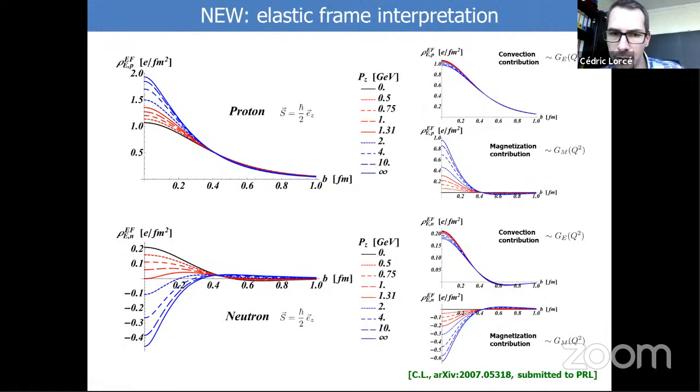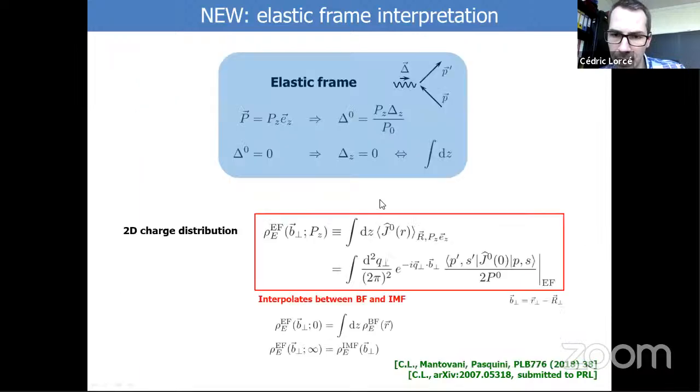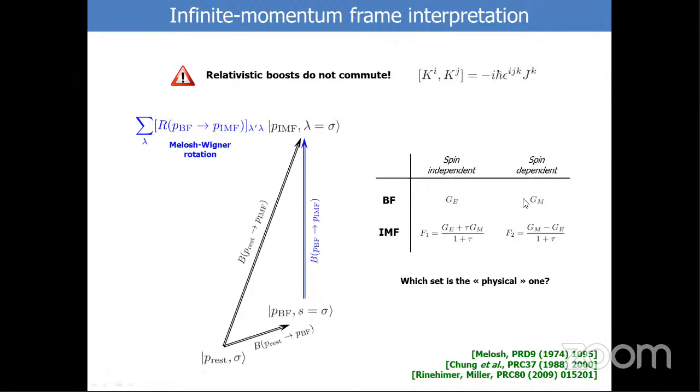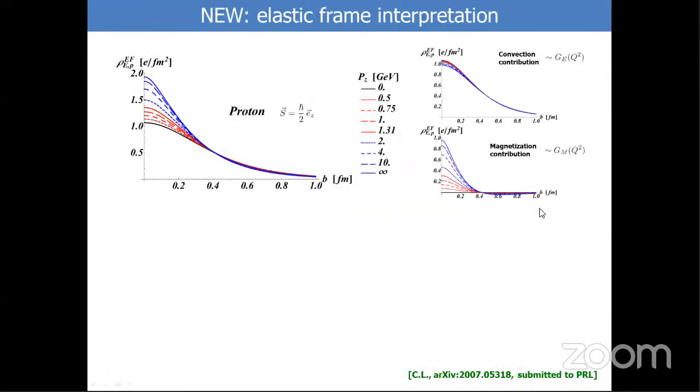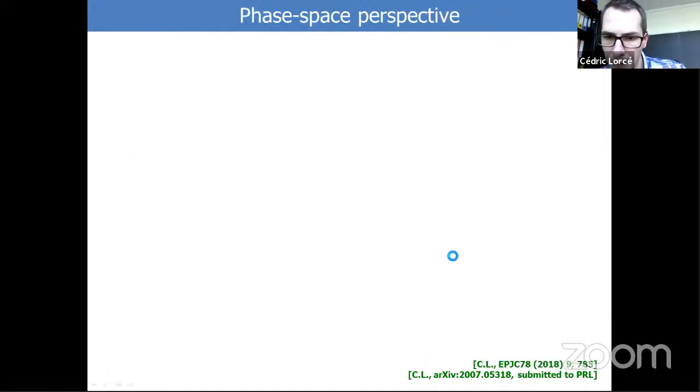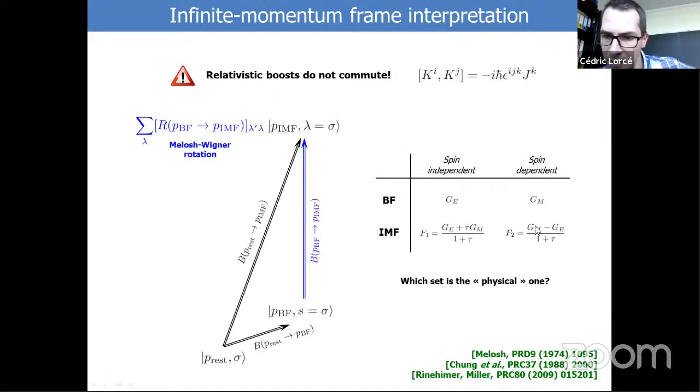If you put it with the polarization in the x direction, I should have made things which are two-dimensional to see this transverse shift. I haven't done it explicitly, but you can proceed exactly the same way and see how, starting from GM and going to the infinite momentum frame, you would evolve into something that looks like F2.